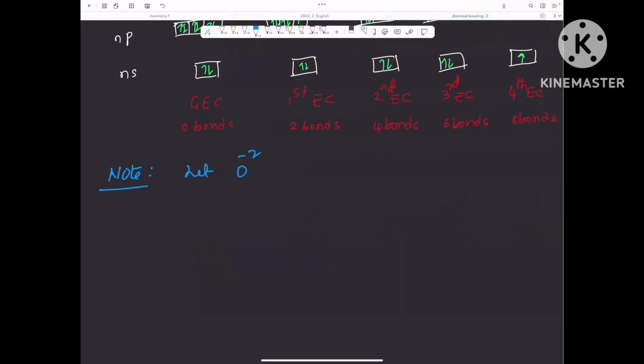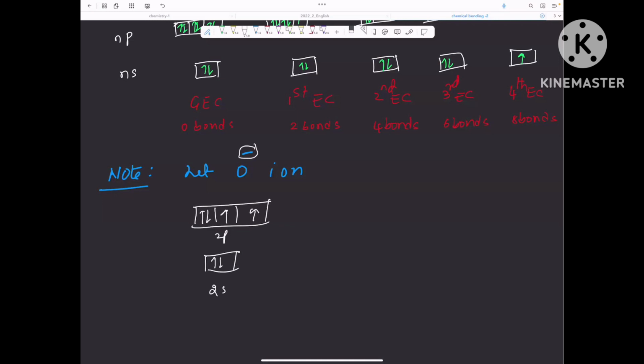Now let us make a note. There is the oxide ion, O minus 2 ion. Sorry, O minus ion. Let us say there is an O minus ion. How many bonds are formed by the O minus ion? What we do is make its configuration. For the oxygen atom, it is 2s2, 2p4.